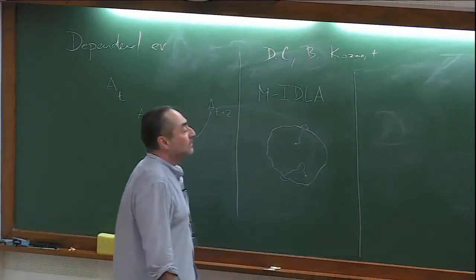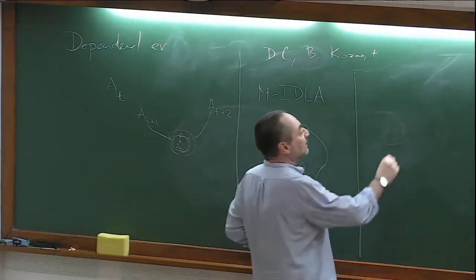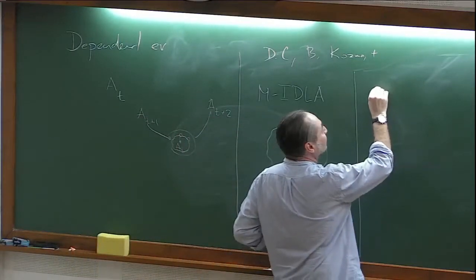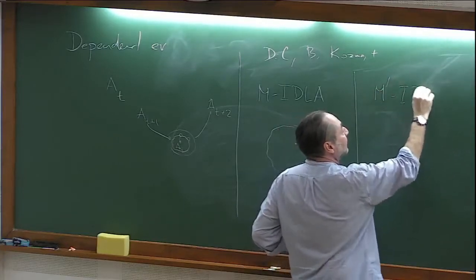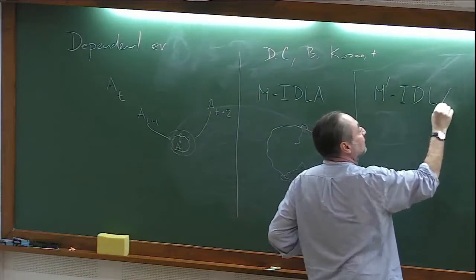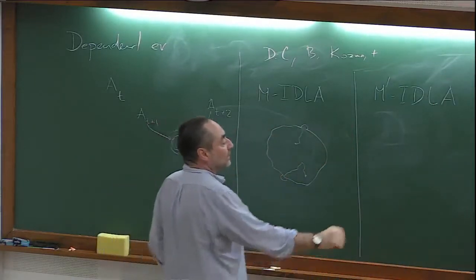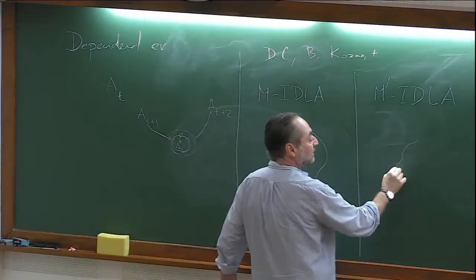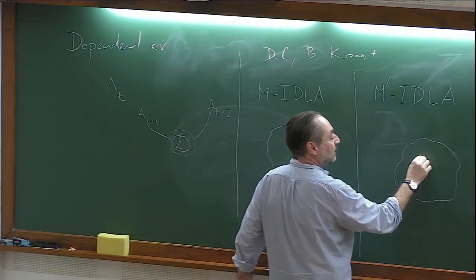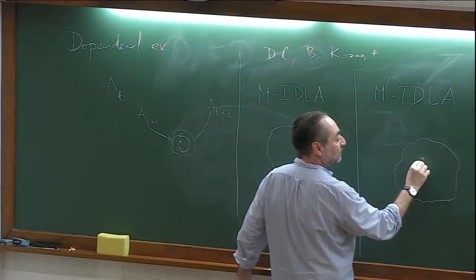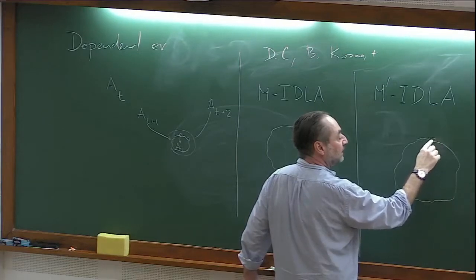There was at some time, among people interested in these questions, a third modification, prime of IDLA. And this model actually is related to what I'm going to talk about later. So now again, you create a shape by launching a particle from position X. It goes, adds something, okay?